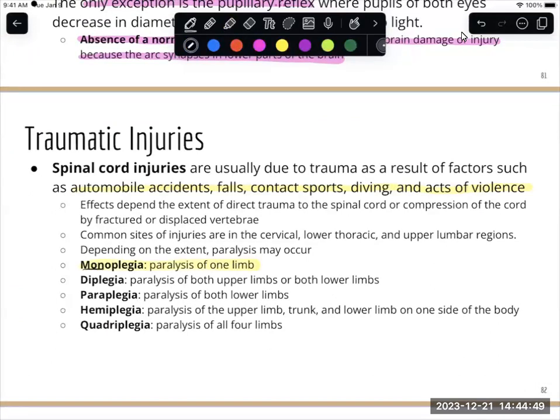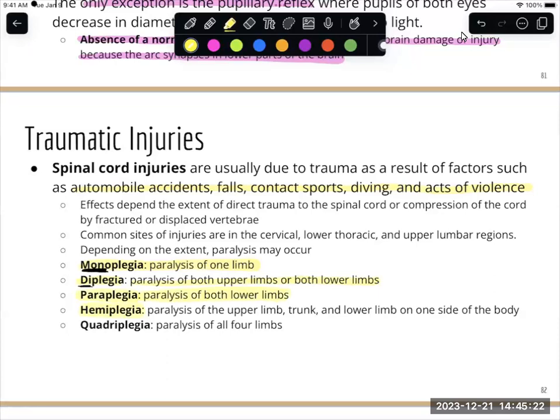Mono means one. So only one arm or one limb is non-functional. Diplegia, di means two. So both upper arms or both lower limbs are not functional. Paraplegia is specific to both lower legs.